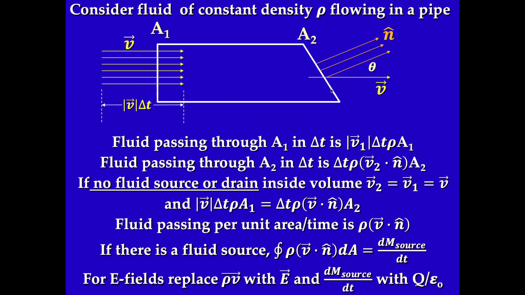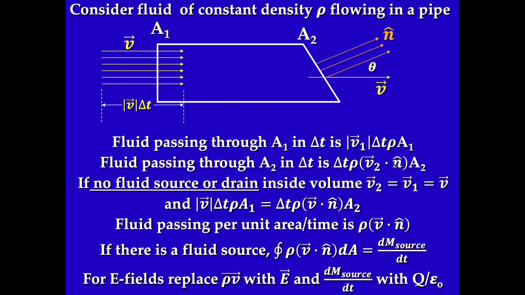And then I do the same thing on the right-hand side. And as long as there's no drain in the pipe, as long as there's no faucet in the pipe, the amount of water that goes in the left-hand side has to be the same as the amount of water that goes to the right-hand side. And again, because only the component of V perpendicular to the surface causes water to penetrate A2, I write this as V2 dot n.